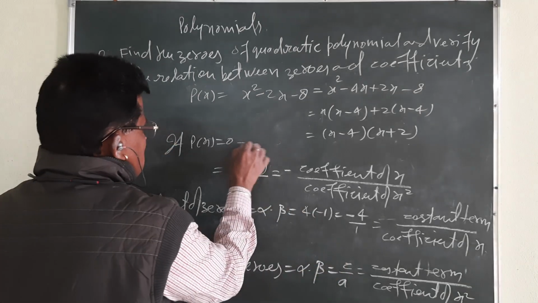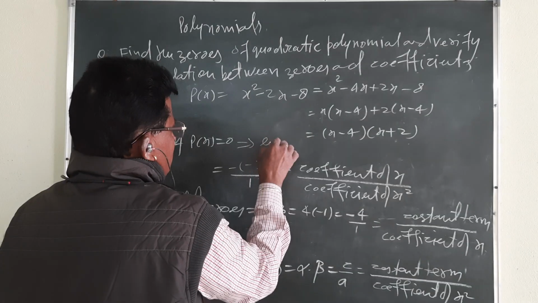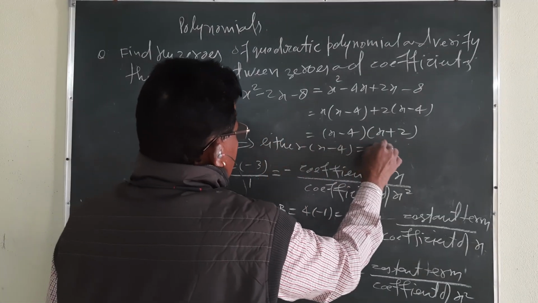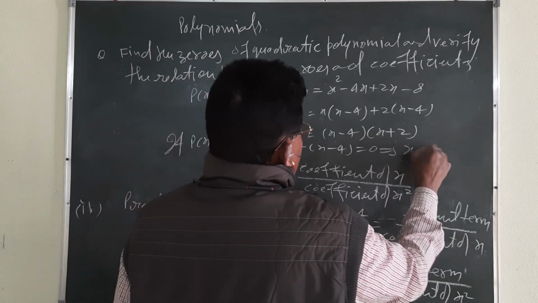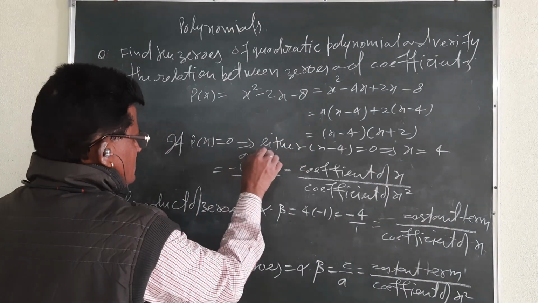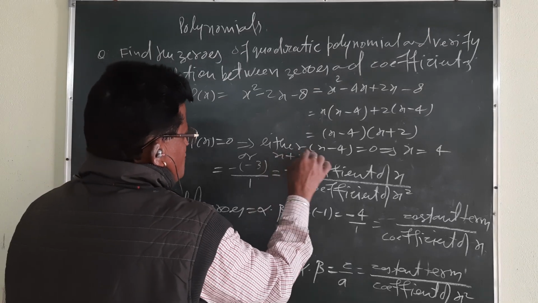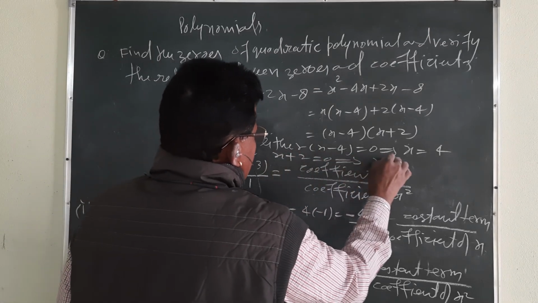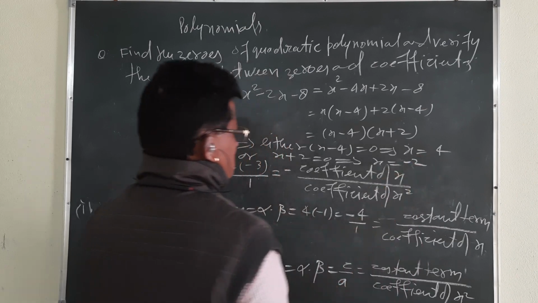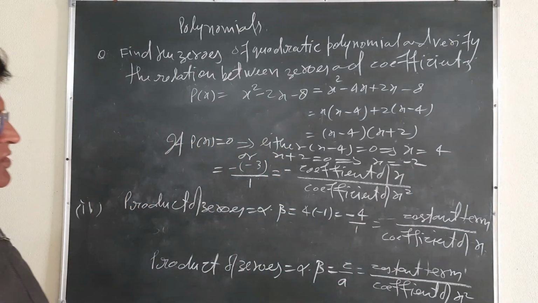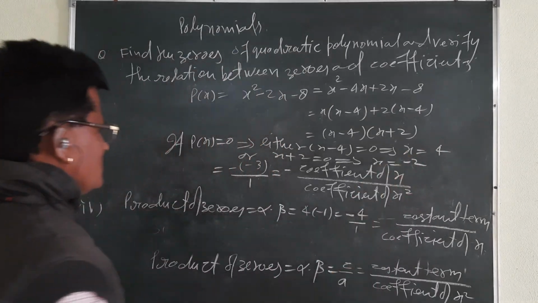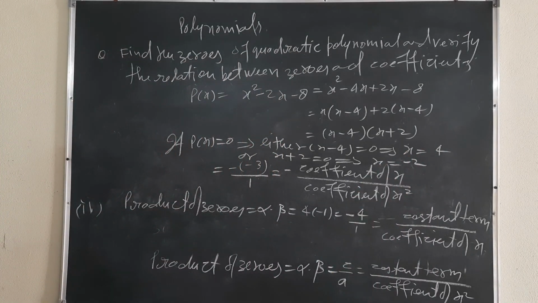Then first take either x minus 4 will be 0, which implies that x will be equal to 4. Or x plus 2 will be equal to 0, which implies that x will be equal to minus 2. Then we got the two zeros: 4 and minus 2.